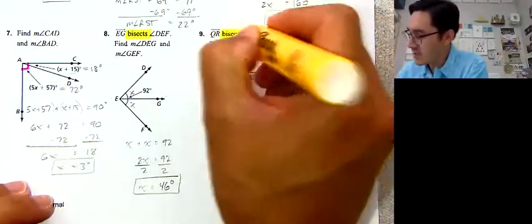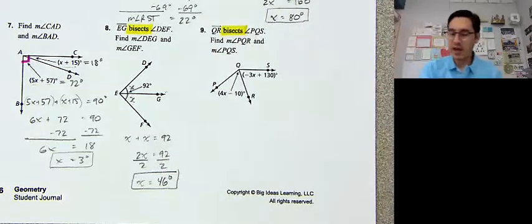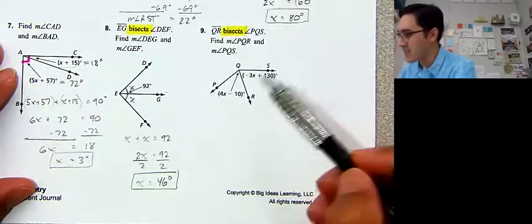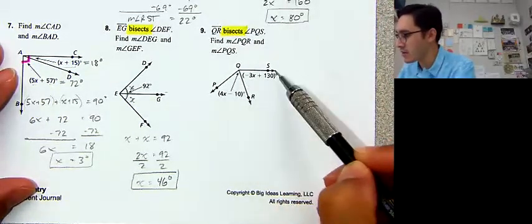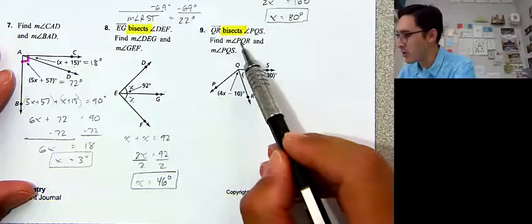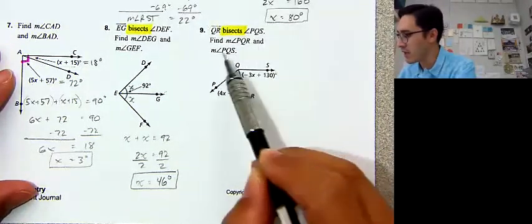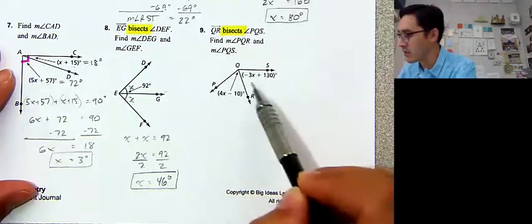Number 9 also says that we're dealing with an angle bisector. So the ray QR bisects the entire angle PQS. Find the measure of angle PQR, which is over here on the left side of the figure, and the measure of angle PQS, which is over here on the right side.